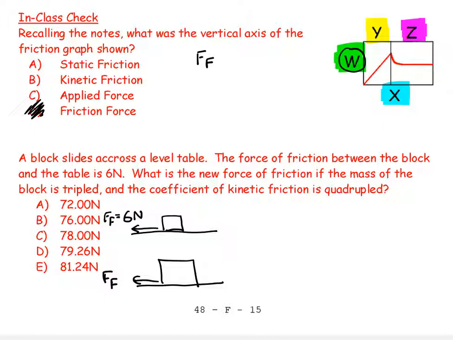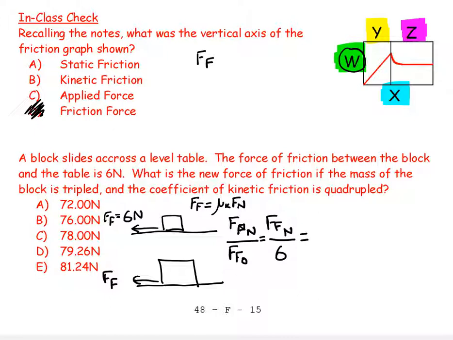So my basic equation is that FF is equal to mu k times Fn. We know that. And I can say my FF new over my FF old is equal to my FF new over, well, we know the old value is 6.